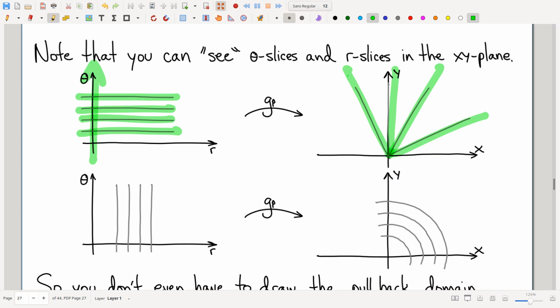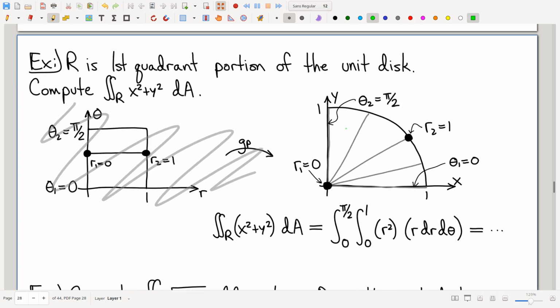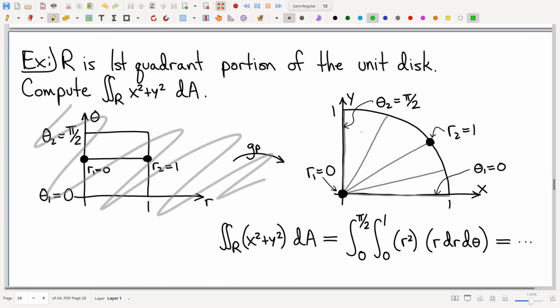So, for example, same example here now, same exercise, same domain, same pullback. This slice right there, our first slice of our pullback domain, theta equals 0. Well, that's what it looks like right there. I can see over here that that's theta equals 0. And I can continue to slice, all my various slices.